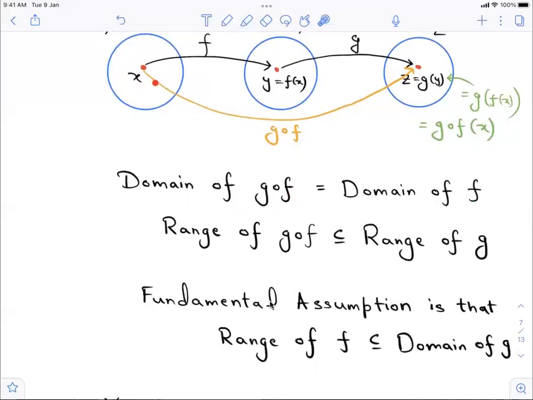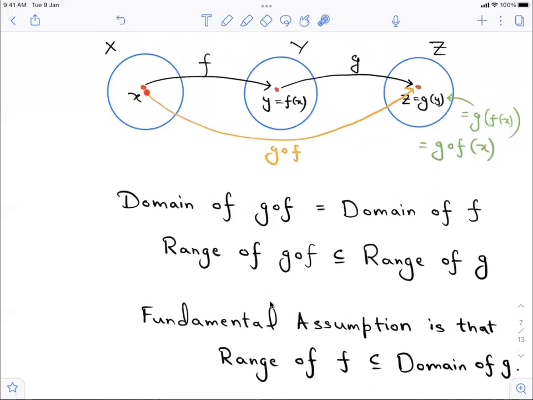You can see that every input in X can be sent to some element over here, because every x, by definition of a function, has an output here, and every output here has an output in Z. So every input here in turn has an output in Z. So the domain of this composition is going to be the domain of f. On the other hand, the range is going to be a subset of the range of g.